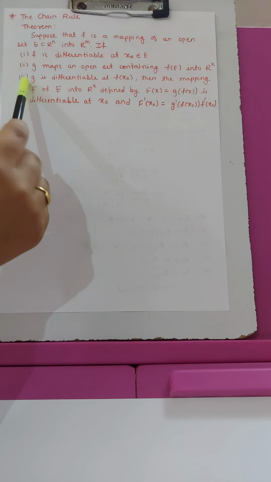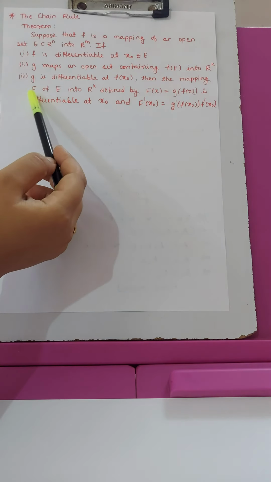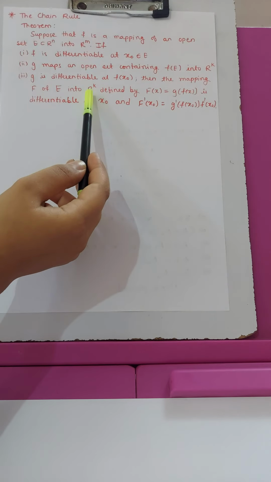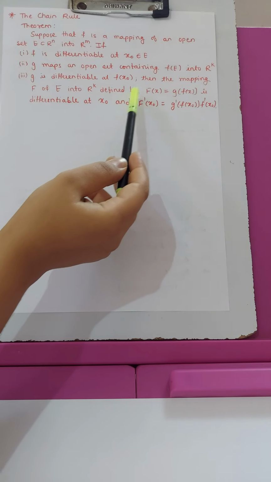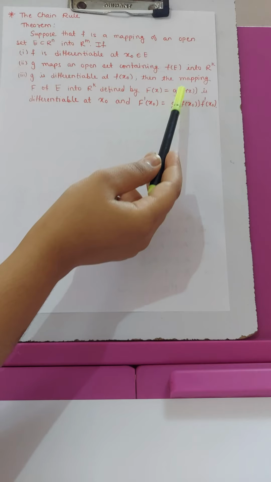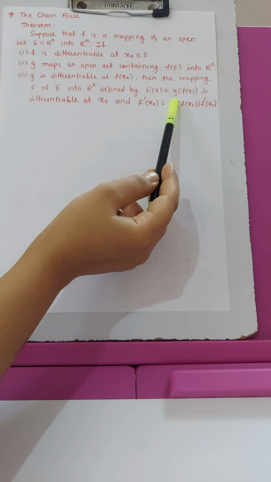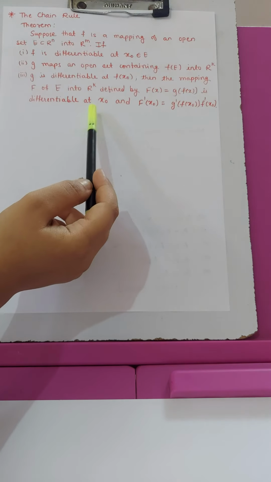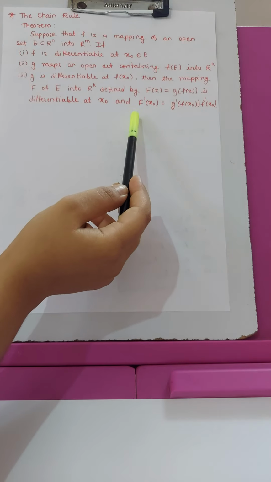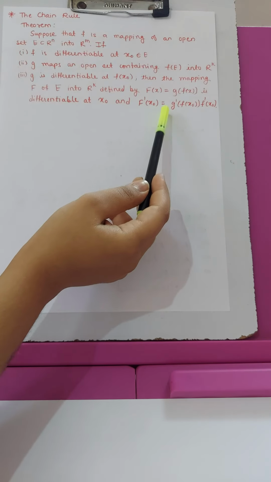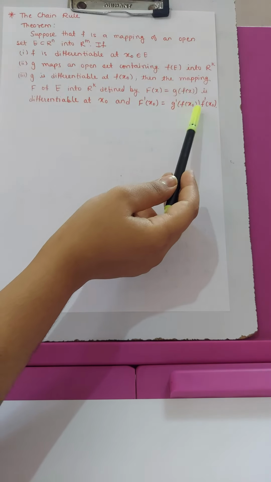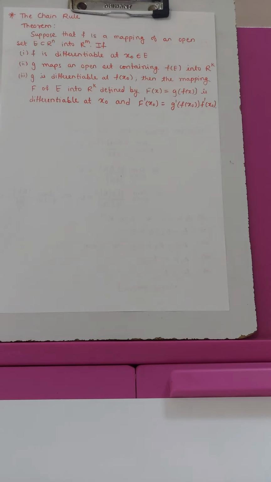If these three conditions are true, then the mapping F of E into Rk defined by F of x equals to g of f of x, which is a composition of mappings, is differentiable at x0, and F dash of x0 is equals to g dash of f of x0 f dash of x0.